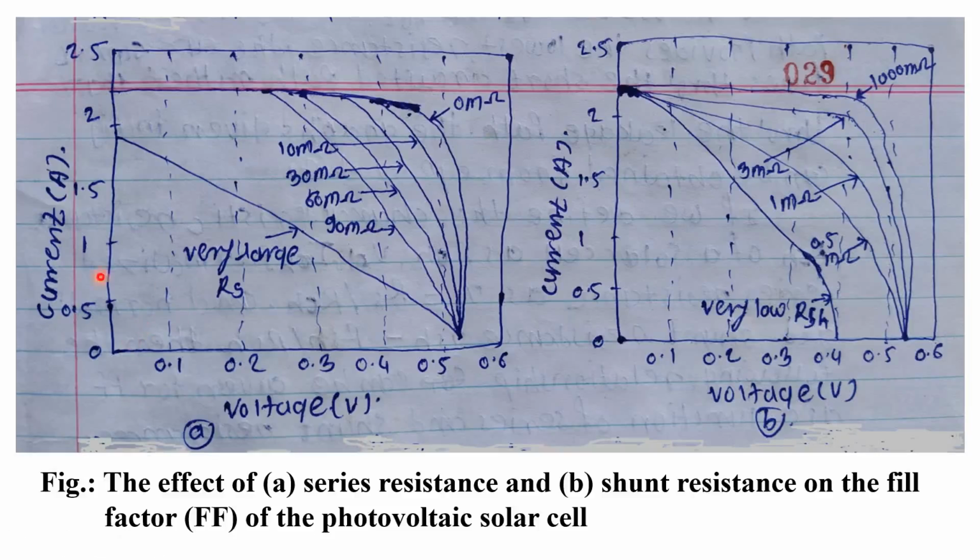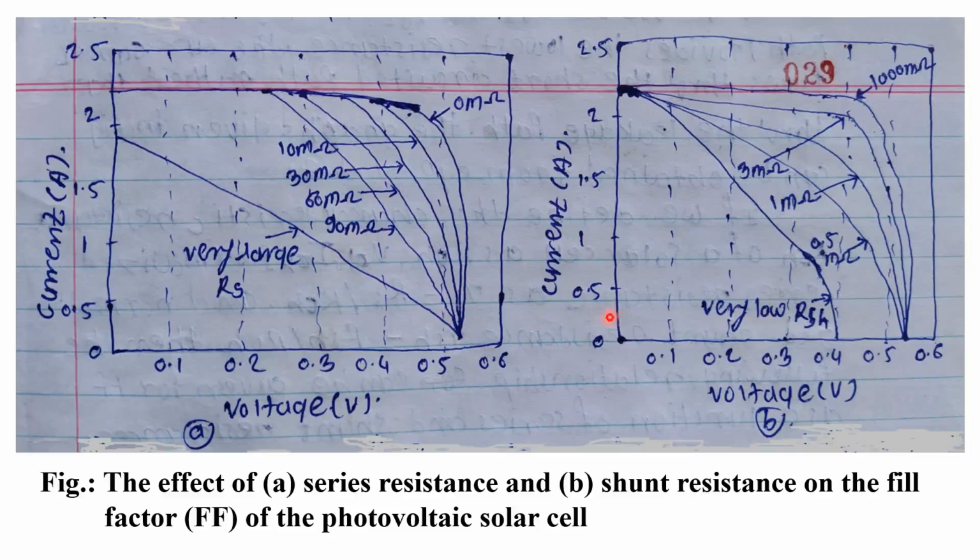The figure shows current versus voltage. In figure A for series resistance, the curves are for 10, 13, 0, 16 and 19 mega ohm. A very large RS gives a straight line, so the curve is affected.